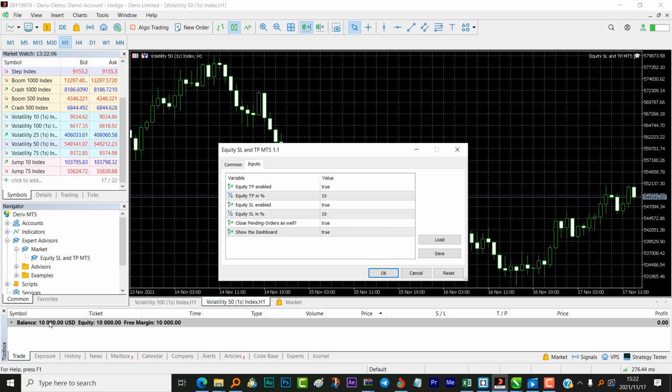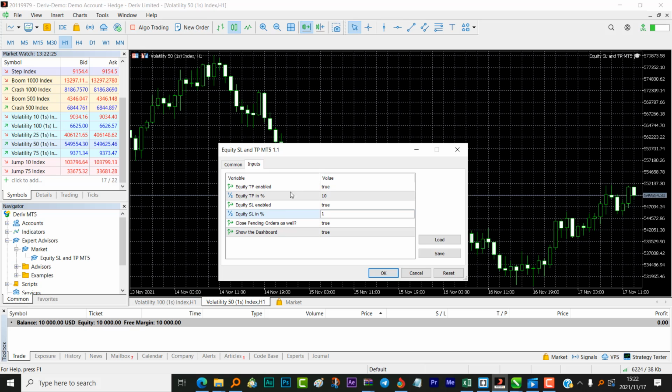Then 10% of the 1,000 is $100, so it's actually 1%. So 1% of 10,000 is $100. So I'm risking 1% only on this trade.